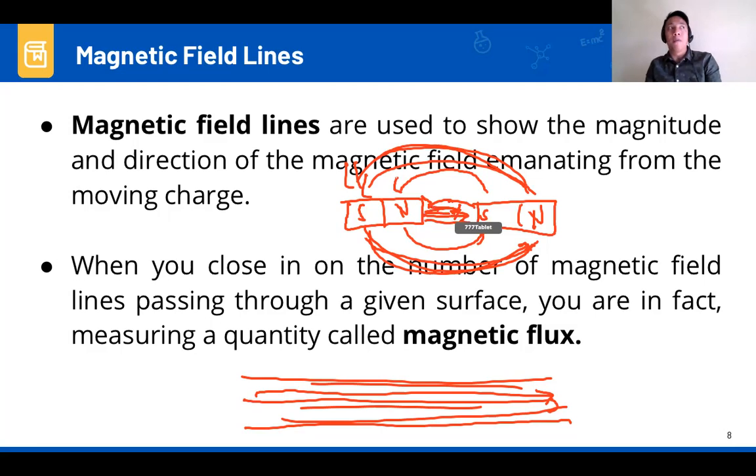Okay? So the best example of this one is, have you tried in your physics grade 10, that you are using a paper, tapos ilalagay niyo yung dalawang magnets na magkahiwalay, and then you will pour some particles that can be attracted by a magnet.